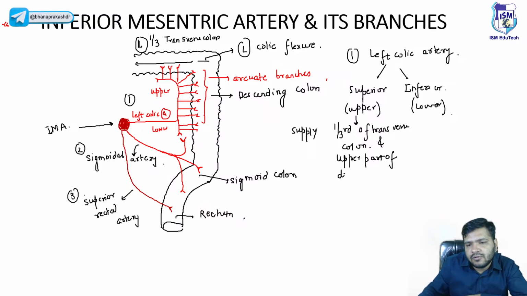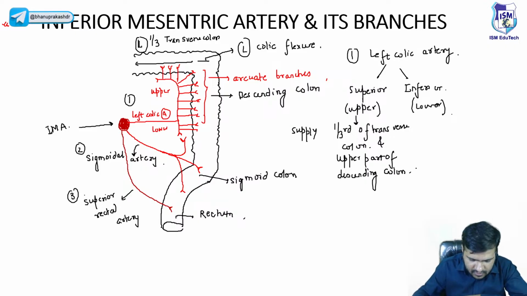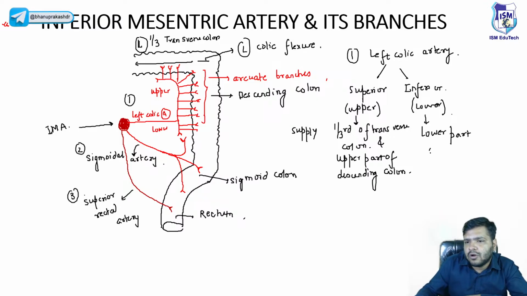The inferior one supplies the lower part of the descending colon and a very small part of the sigmoid colon, so not relevant.